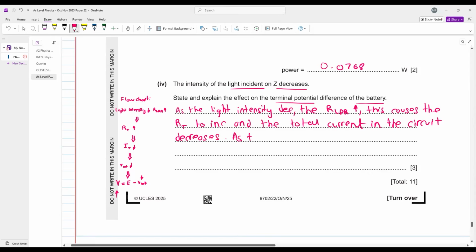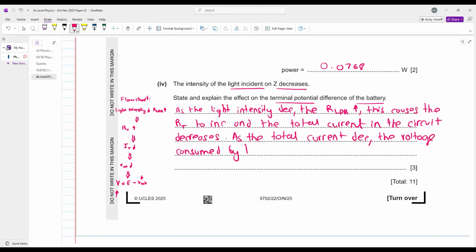As the total current decreases, what will happen further? The voltage consumed by the internal resistor decreases, and hence the terminal potential difference increases.